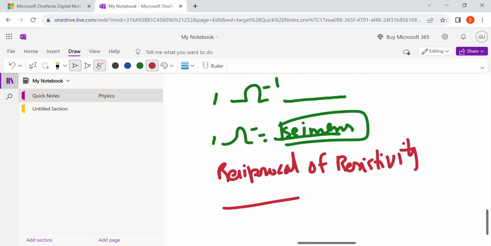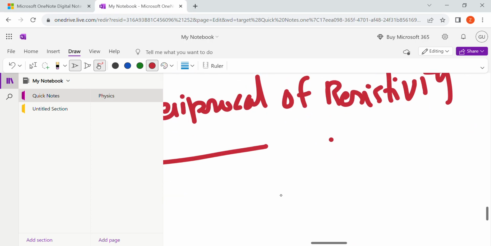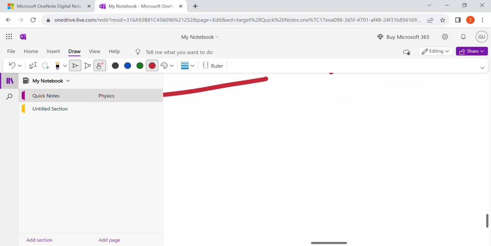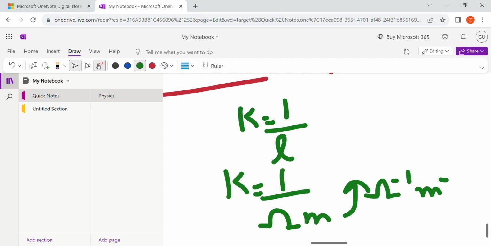When we look into the unit of it, we're going to derive it, जैसे यहाँ पे अभी हमने ऊपर derive किया था, right? So K is equal to 1 upon rho, right? K is equal to, we know that अभी अभी हमने rho की वैल्यू निकाली, that is ohm meter. ठीक है, तो ये ऊपर जाएगा, इन्वर्स हो जाएगा, ohm inverse meter inverse.